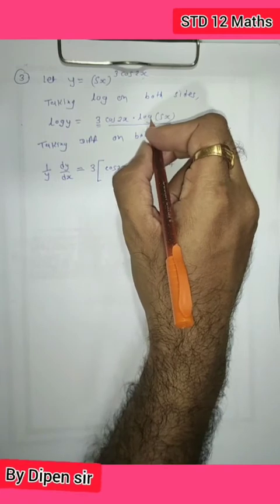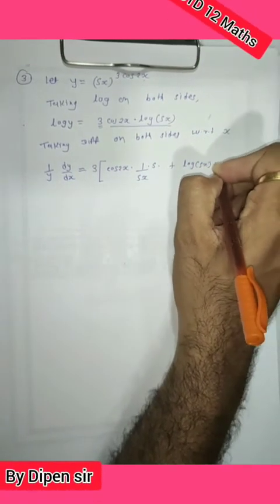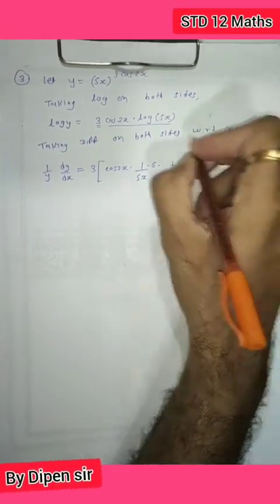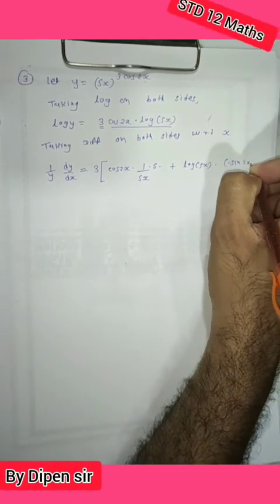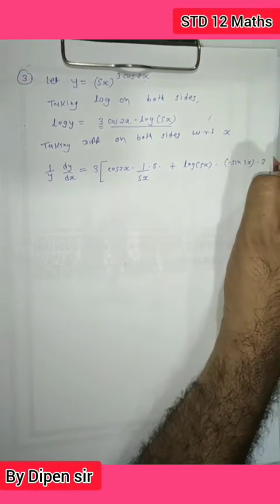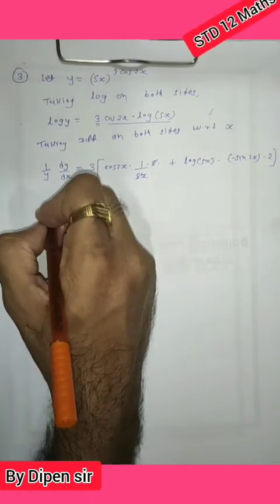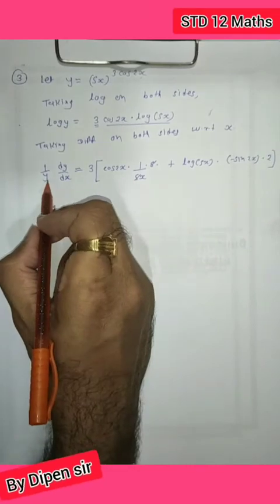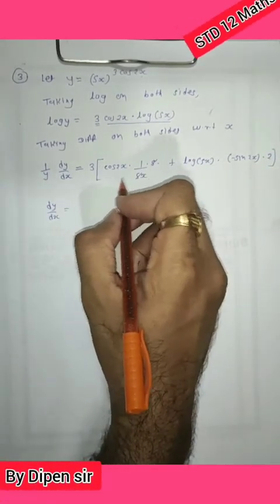Plus u into v, now v as it is, so it's a log 5x into differentiation of this u, which is differentiation of cos 2x is minus sin 2x, again differentiation of 2x, which is 2. So here 5 will be cut. So dy by dx is equal to, now this y can be multiplied with this entire bracket, and this 3 will multiply with these two terms.